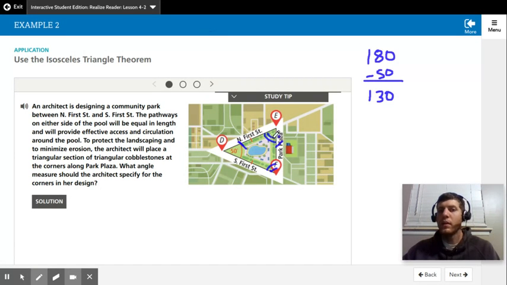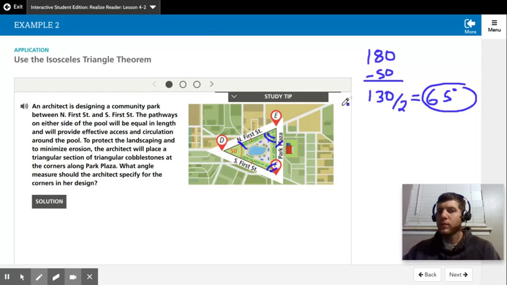So we can do 130 divided by 2, and that's going to give us 65. So 65 degrees for both of those angles. So 65 plus 65 plus 50 gives us 180.